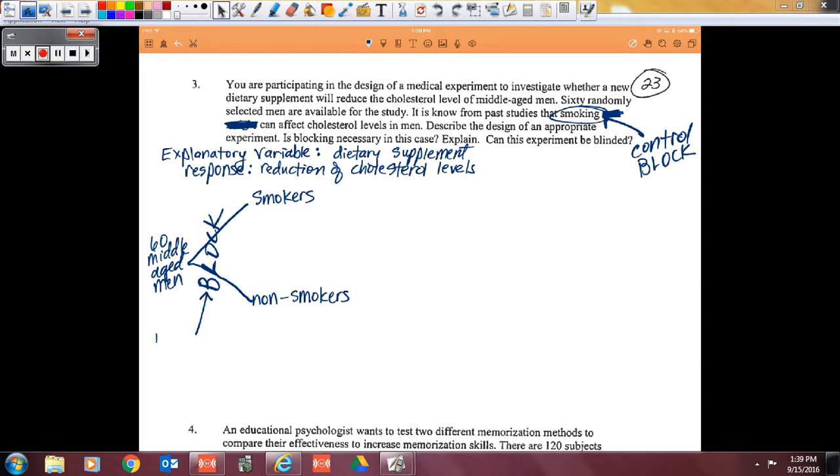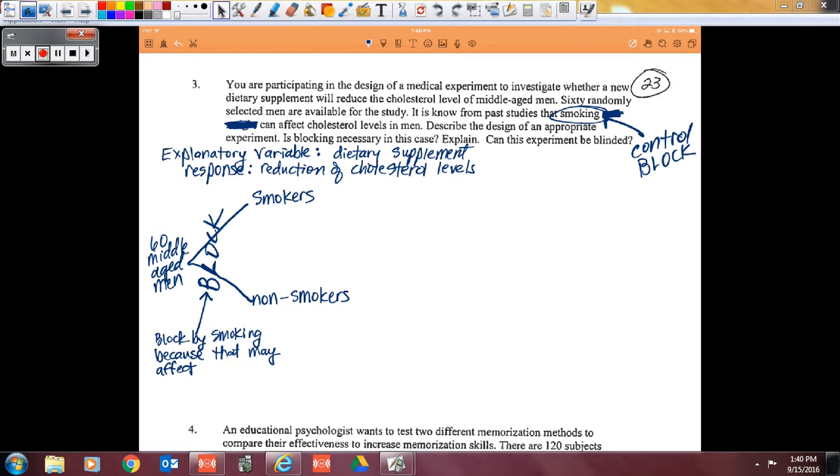So, block by smoking. Why? I see you have a trait there that may affect the way subjects respond. So it may affect, and then don't just say the way subjects respond.